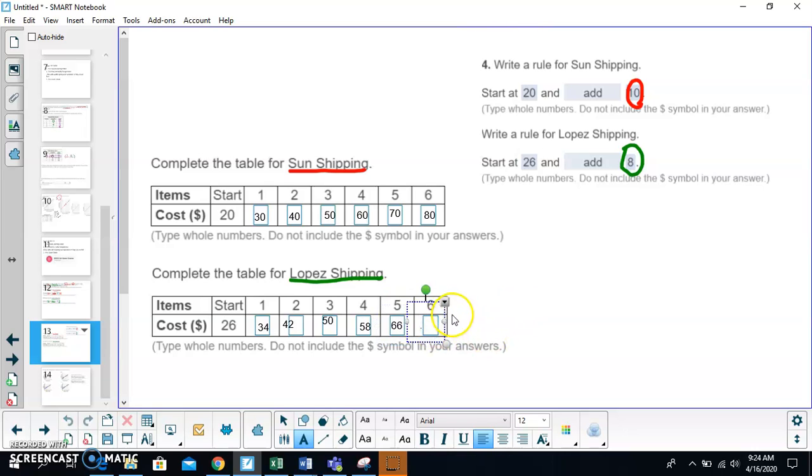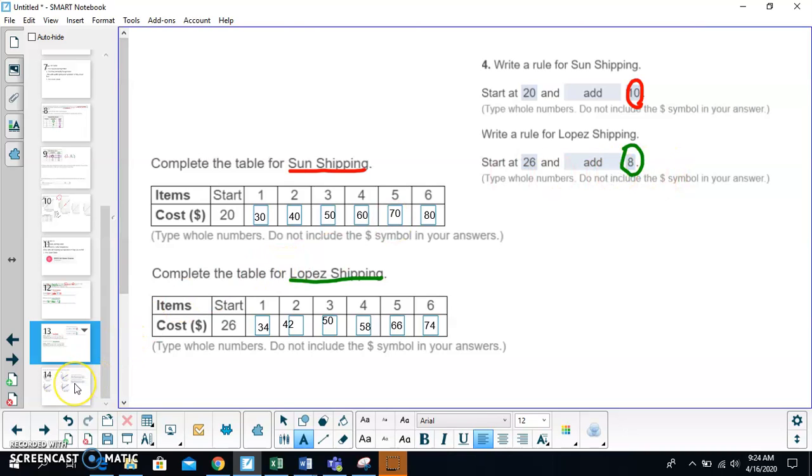And 66 plus 8 is 74. All right, so that is another part of this problem, that you need to be able to fill out the tables using the two rules that you came up with in part 1.